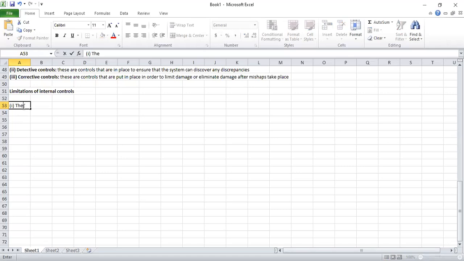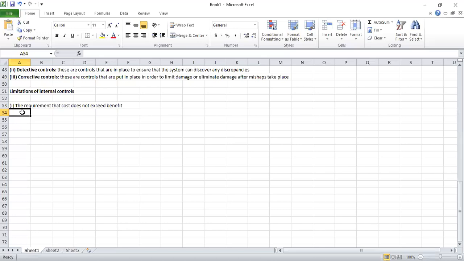Right. The requirement that cost does not exceed benefit. When you are implementing a control, you have to make sure that the benefits likely to be derived, from a business point of view, far outweigh the what?